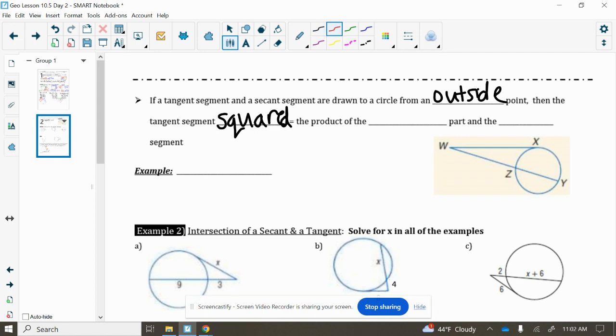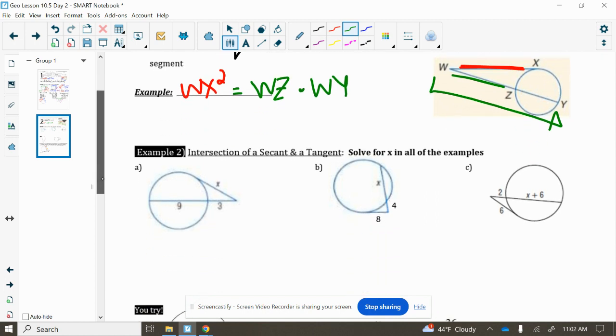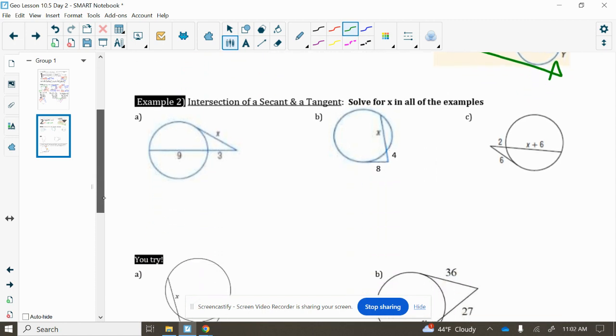So in this case, we would have WX squared, and that's going to equal WZ, that outside, times the whole thing, WY. So think about that outside segment is also the whole segment with these tangent secants.